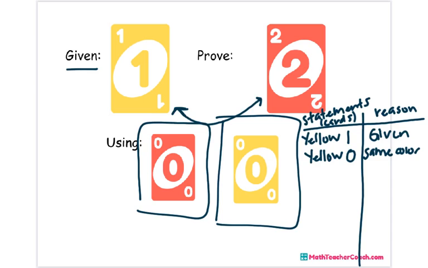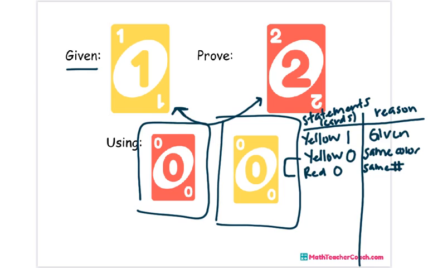So we go from using our yellow 0 because it's the same color, and we're going to lay down our red 0. Why did we lay down our red 0 on top of the yellow 0? Because it's the same number. I'm just going to put a hashtag here for same number.